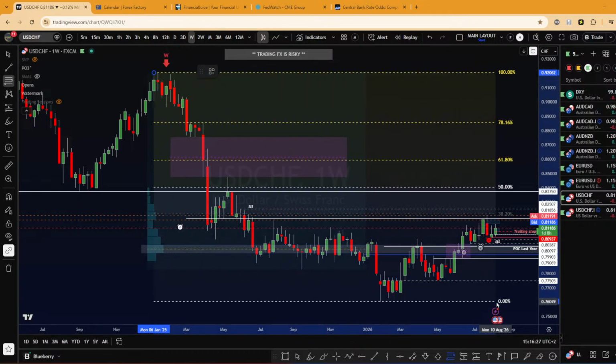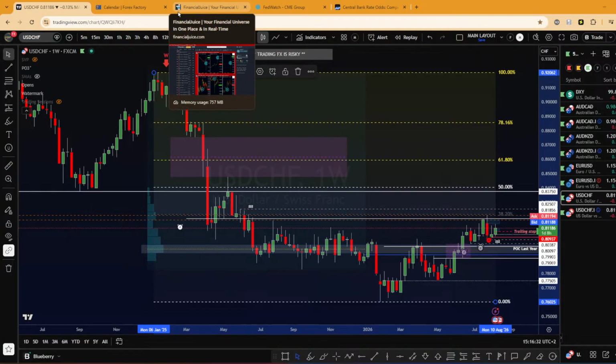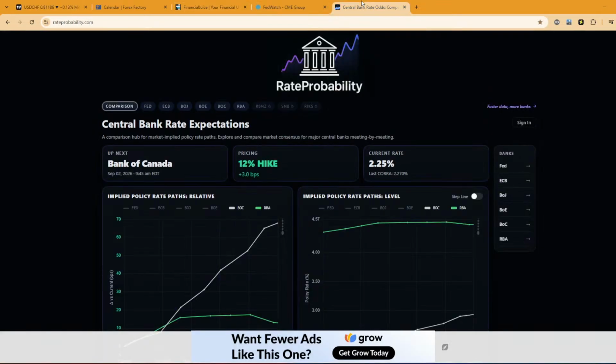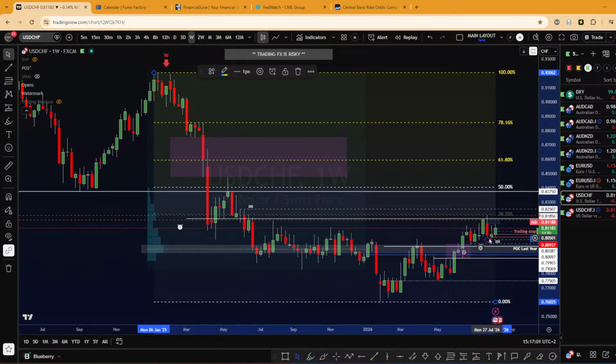Recently, based on the projection of the Swiss franc, we expect no more hikes, at least until the end of this year. So this could potentially bring the interest rate of the Swiss National Bank flat. That participates to weaken the Swiss franc. The franc is fundamentally weak right now.